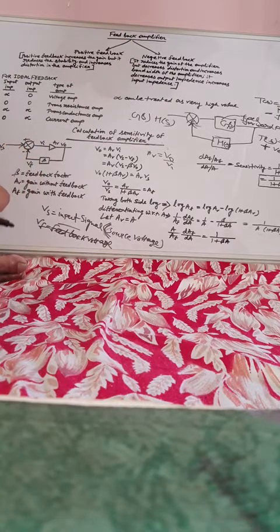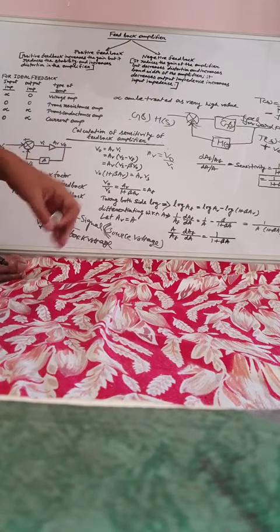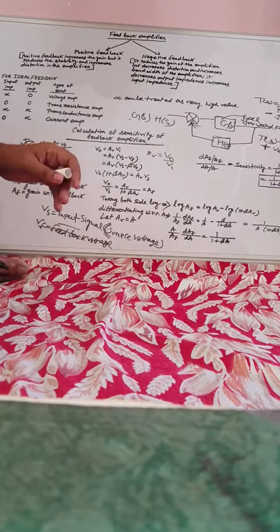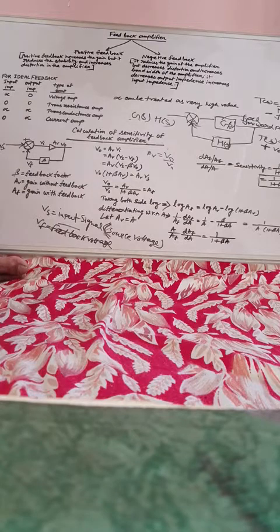Today I will teach you some problems also regarding negative feedback amplifier, how to solve them. After all this, you'll have to study everything regarding negative and positive feedback amplifier, and solve problems like calculation of sensitivity, design of the feedback topologies, and sometimes we use ideal feedback amplifier.